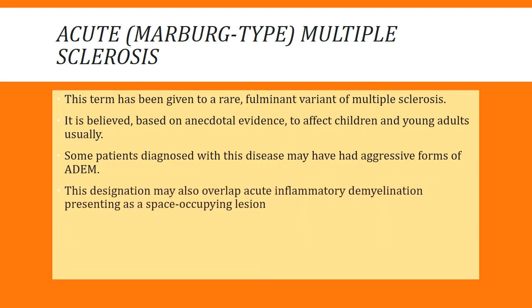This designation may overlap with acute inflammatory demyelination, presenting as a characteristic space-occupying lesion. So acute inflammatory demyelination with a space-occupying lesion usually is referred to as acute multiple sclerosis.